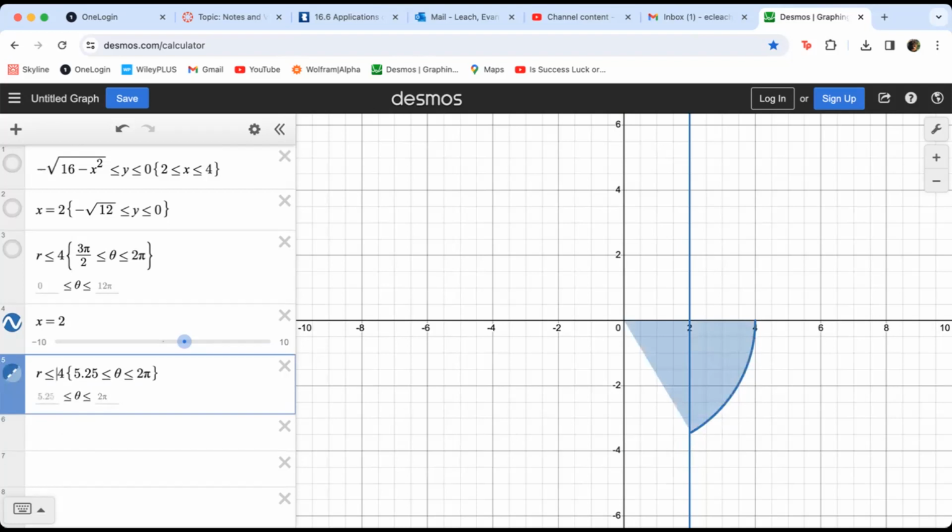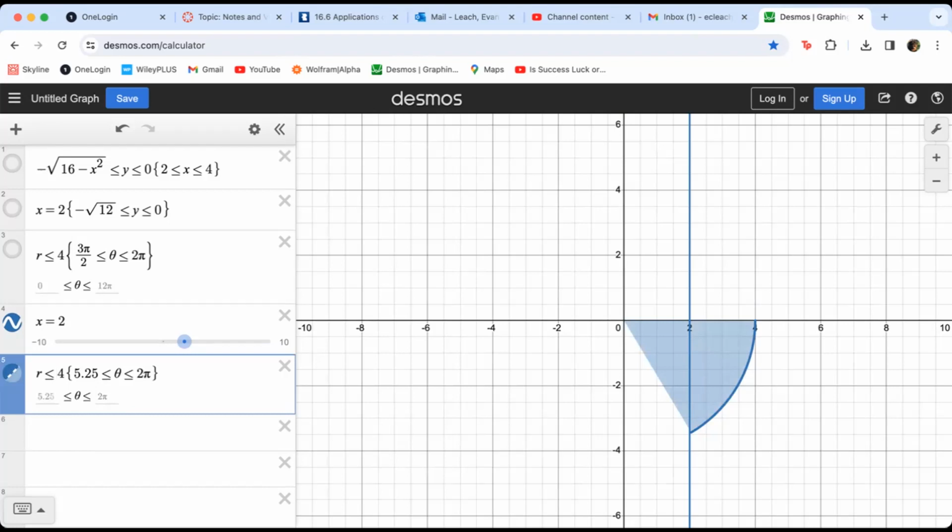That's not going to give me what I want, because that's going to give me all the way back to the origin. It's going to give me the correct arc that we're looking for approximately, because 5.25 was a lucky guess. But we're getting all this stuff when x is between 0 and 2 that we don't want.